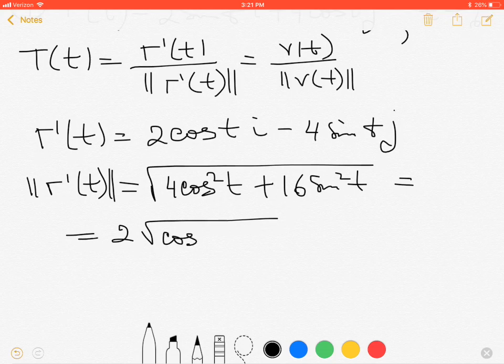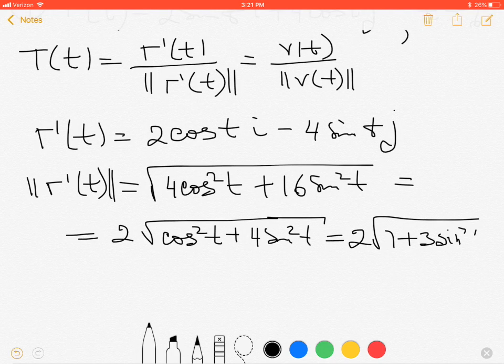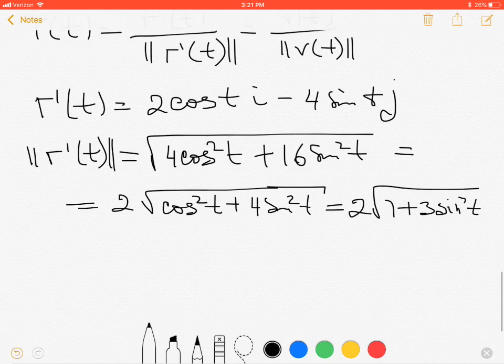Here we have cosine squared t plus 4 sine squared t. Well, it's your choice. For example, cosine squared plus sine squared equals 1. I can rewrite it like 2 square root of 1 plus 3 sine squared t.